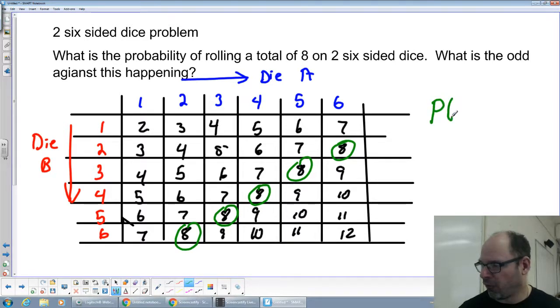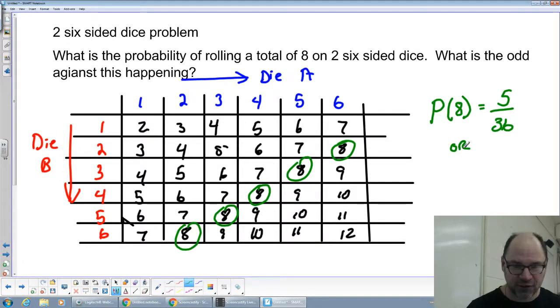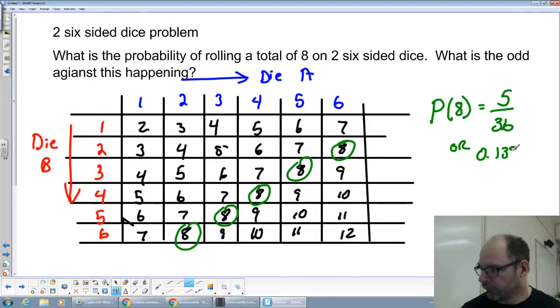Probability of rolling an 8 is going to be 1, 2, 3, 4, 5 out of 36. Or if we wrote that as a decimal, 5 out of 36, let's see what it is. 5 divided by 36, 0.139. Or if we wrote it as a percentage, 13.9%.